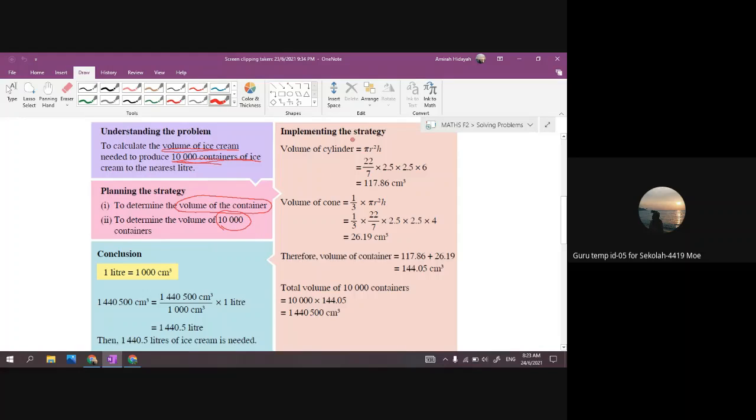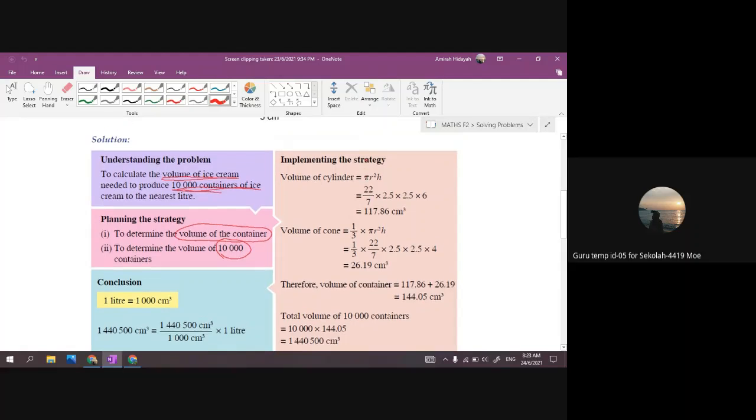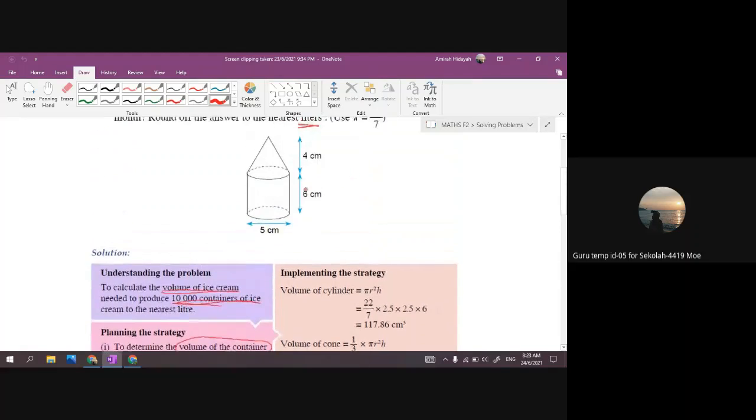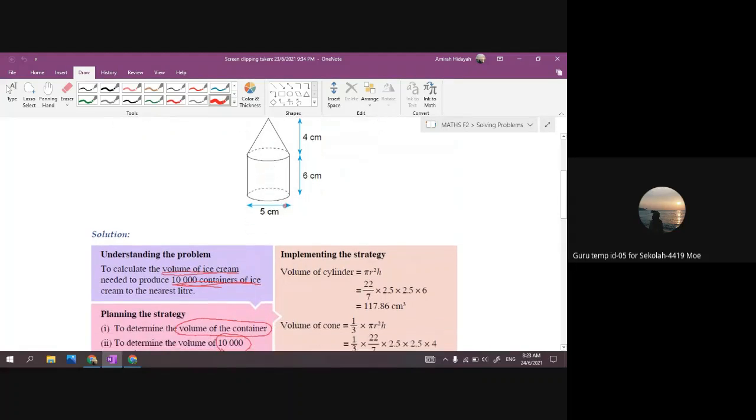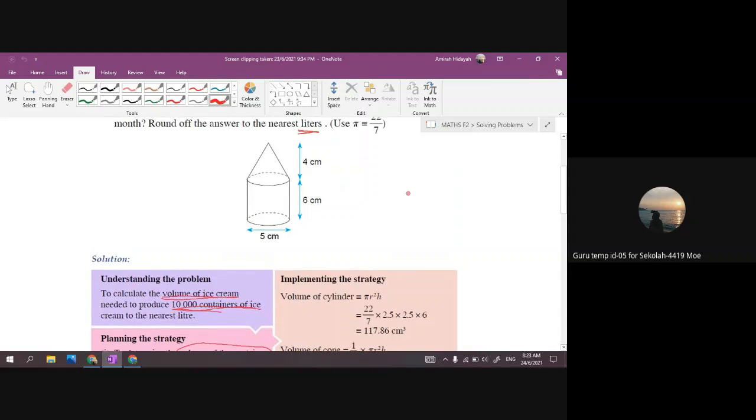And then implement the strategy. You know this combination involves cone and cylinder, right? For volume of cylinder, the formula is pi r square h. To find the volume, it is much easier than surface area. Why? Because you can just terus guna formula volume tu.